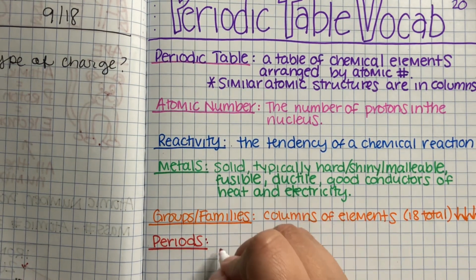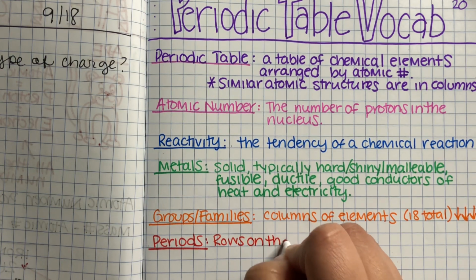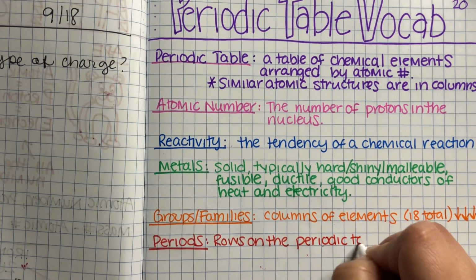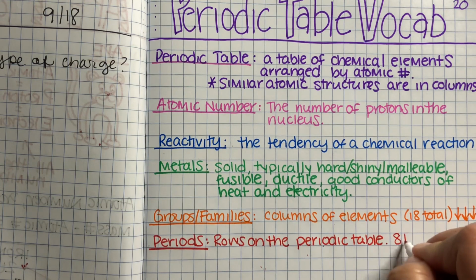All right, so they are rows on the periodic table. There's 8 total.